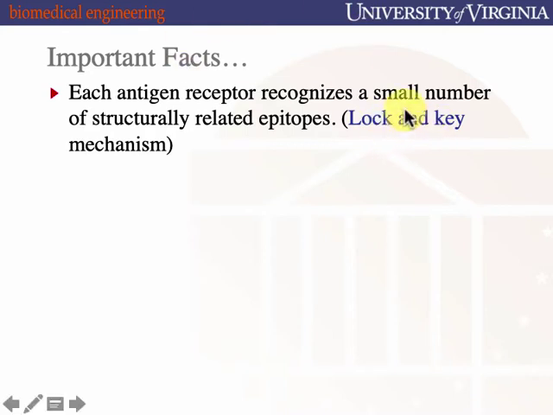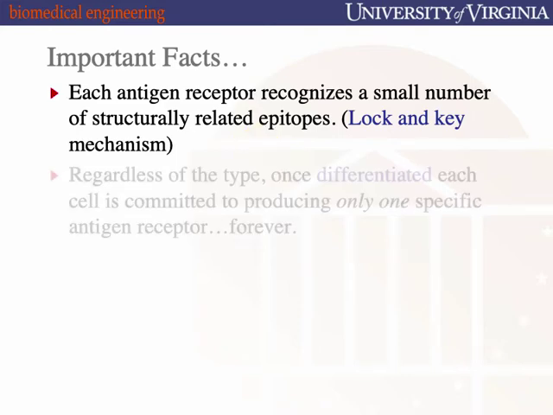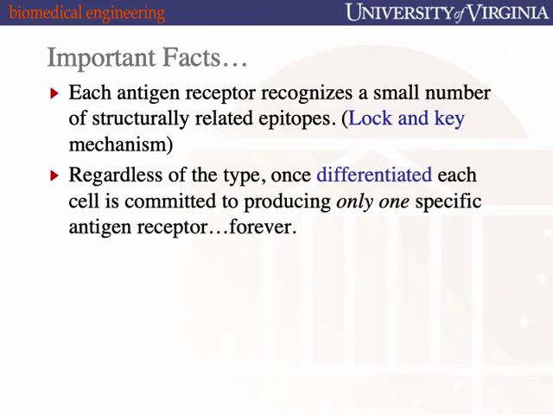And so this is based on a lock and key mechanism that we've talked about in the past, about how proteins lock into place with their cognate receptors. Regardless of the type, again, B cell or T cell, once that cell is differentiated, each cell is committed to only producing one specific antigen receptor.